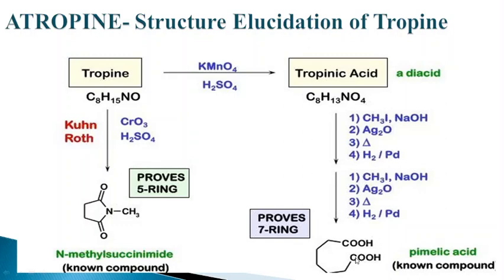On reduction, it finally forms pimelic acid, which is a 7-membered ring. This means that tropine contains a 7- and a 5-membered ring. And as you can see from the molecular formula, there is only one nitrogen atom. This means this N-methyl group is common to both the rings.